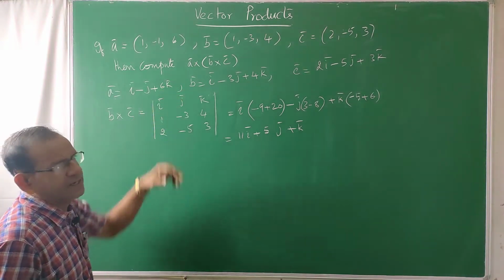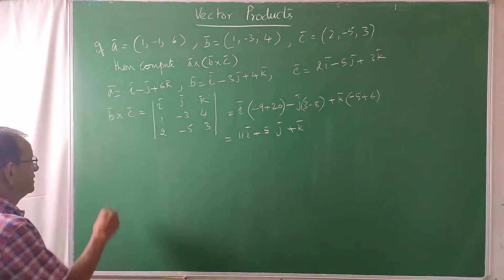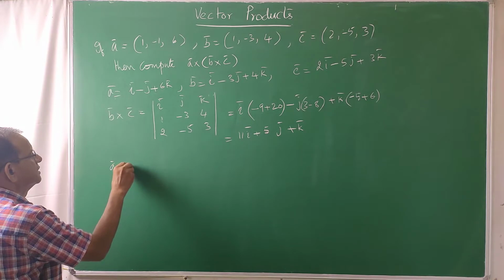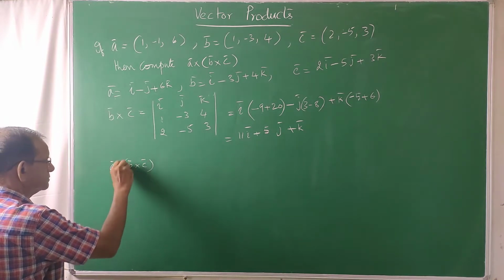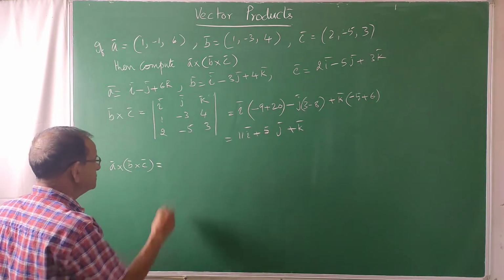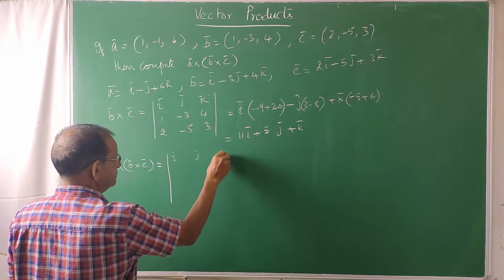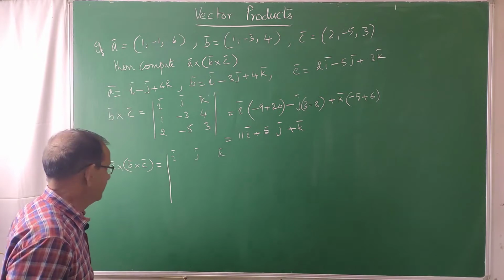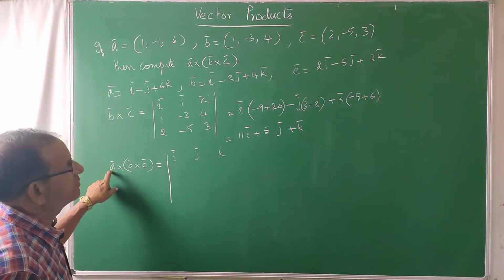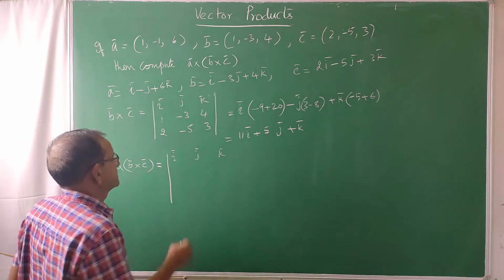Now you have to find out A cross B cross C. So A cross B cross C is equal to, same procedure, first i bar, j bar, k bar. Next components of A bar, 1, minus 1, 6.